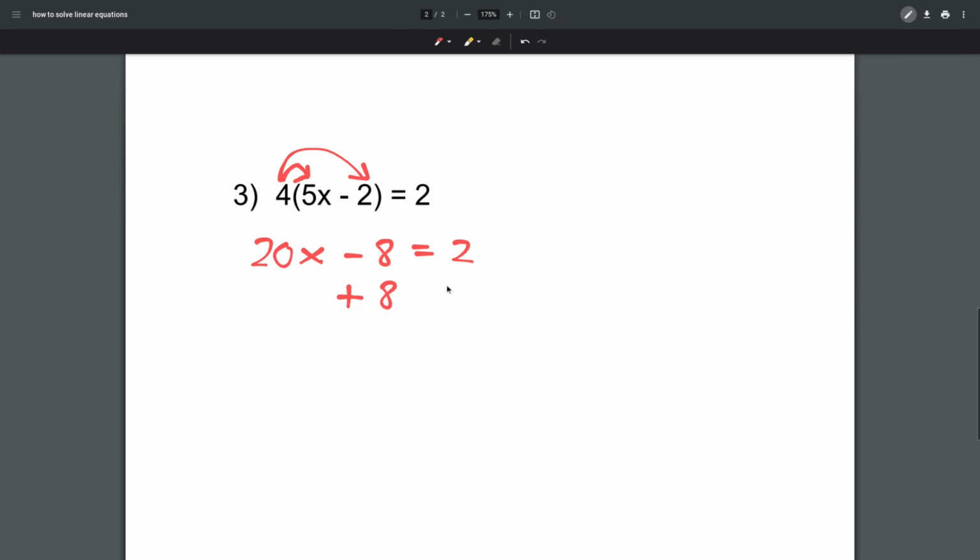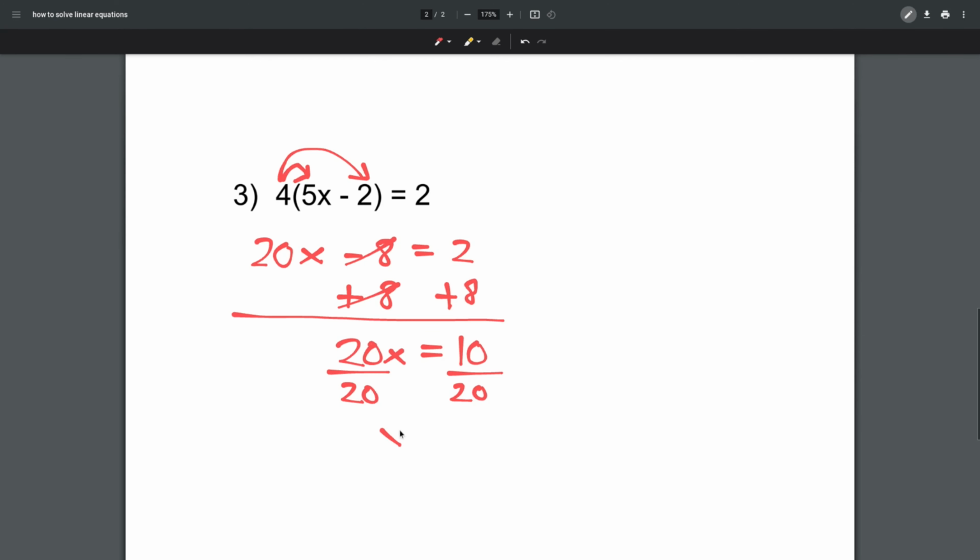I have to add 8 to both sides. What you do on one side of the equation, you have to do the other. And the minus 8 and the plus 8 will cancel out. You'll have 20x equals 2 plus 8, which is 10. Then we have to divide both sides by 20. And we get x equals 10 over 20, which simplifies to 1 over 2. So 1/2.